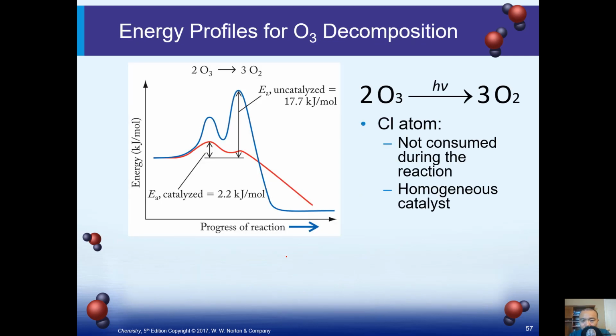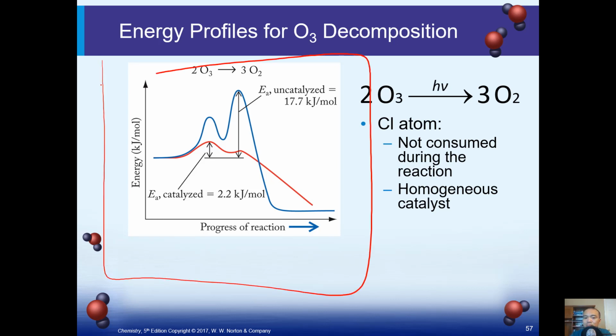The two reaction pathways for the decomposition of ozone are illustrated in this picture. The energy profiles, as you see, for the natural process in blue. The catalyzed reaction has the first step as the rate determined step, as you can see in the red curve over here.